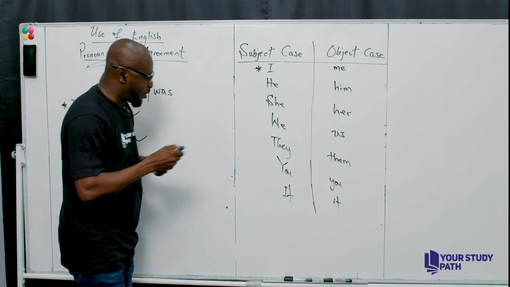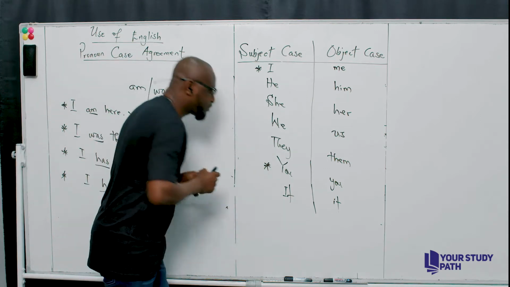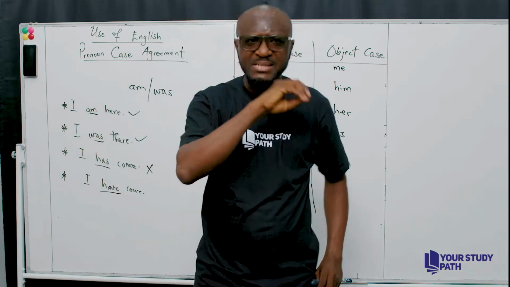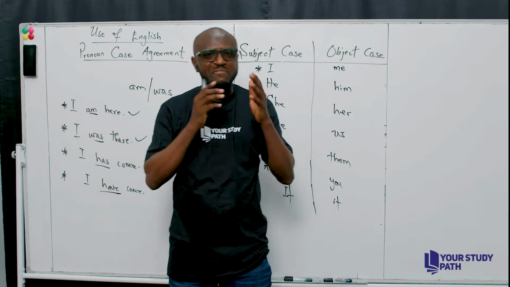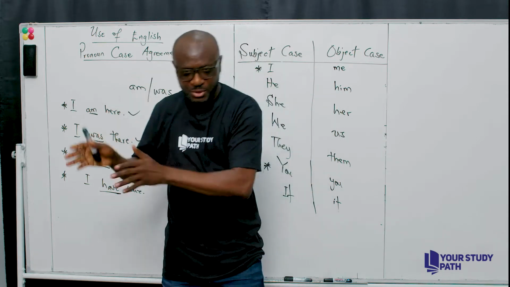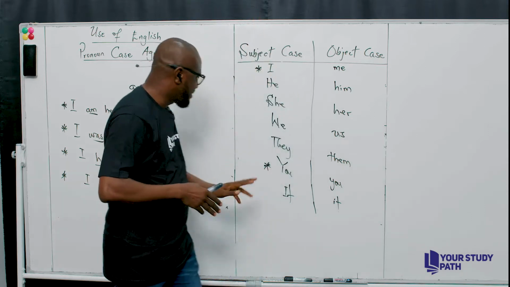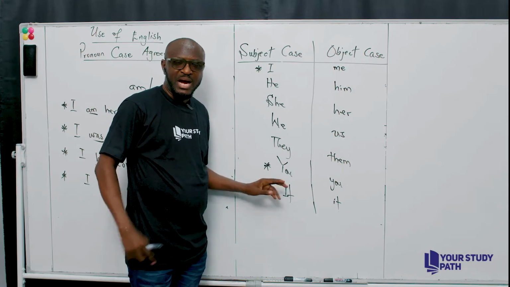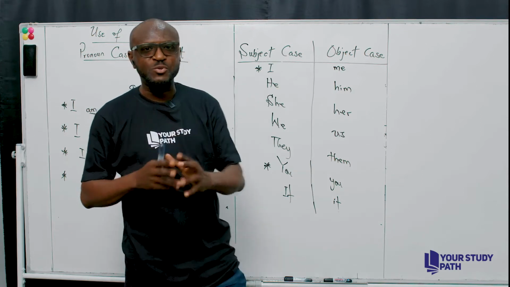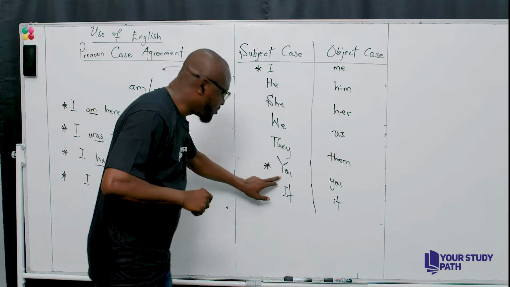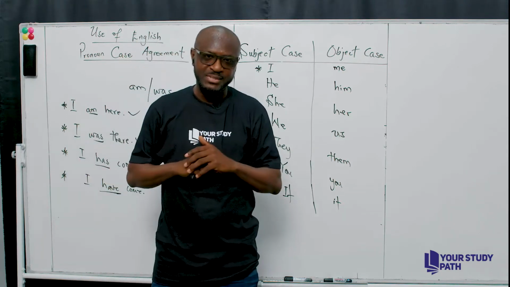Then we'll move to the next one, "you." Now, "you" is a unique pronoun in the sense that whether it functions as singular or as plural, it remains as "you." I could use "you" to refer to a singular subject. I could use the same "you" to refer to a plural subject.